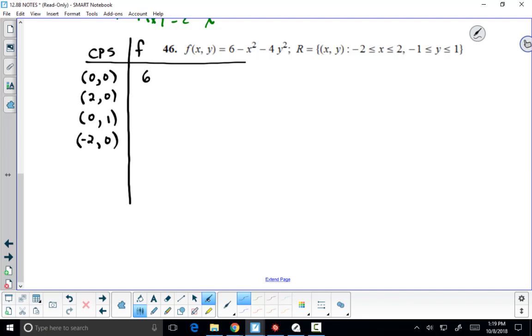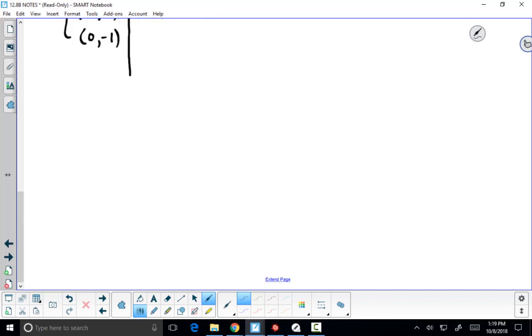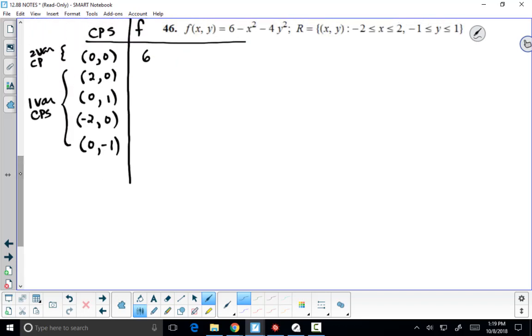And then we had 0, negative 1. So these are the one variable critical points. This one is our two variable critical point. And then we have our four boundary points, the four corners, the four vertices of our domain. So these are boundary points.